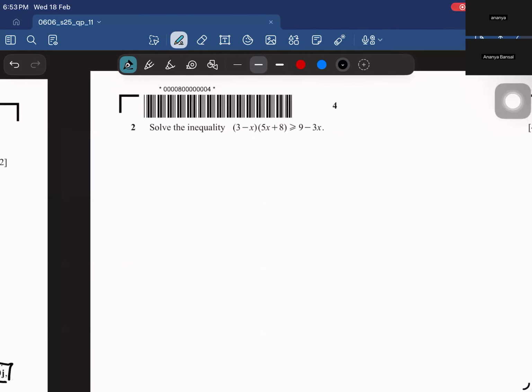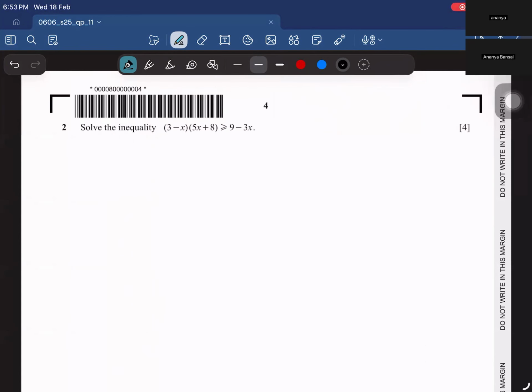Moving on to question number 2, solve the inequality (3 minus x)(5x plus 8) is greater than or equal to 9 minus 3x. The first step to doing this question is to open up the left-hand side, for which I get 15x plus 24 minus 5x squared minus 8x is greater than or equal to 9 minus 3x.